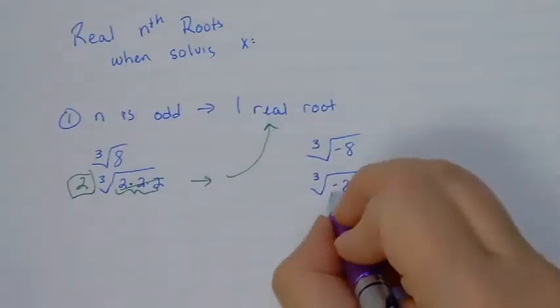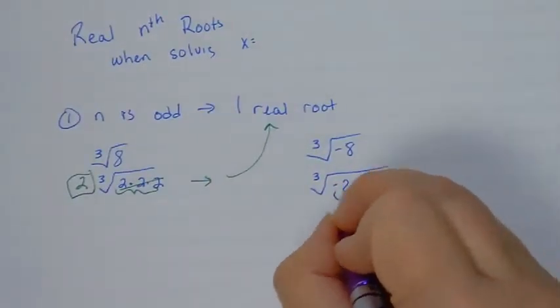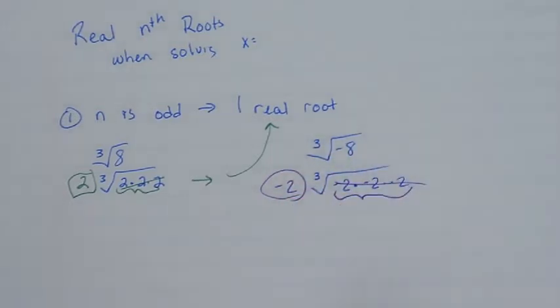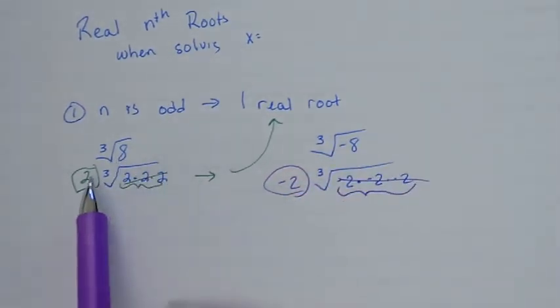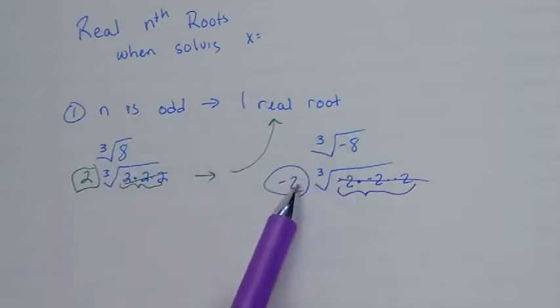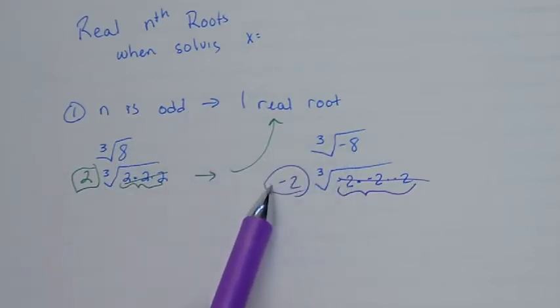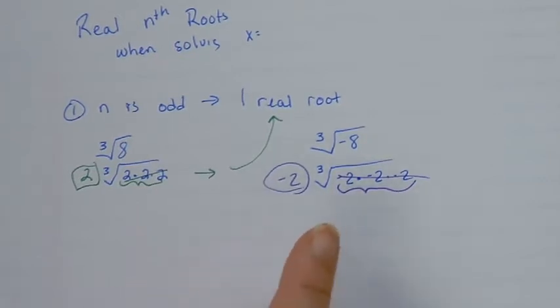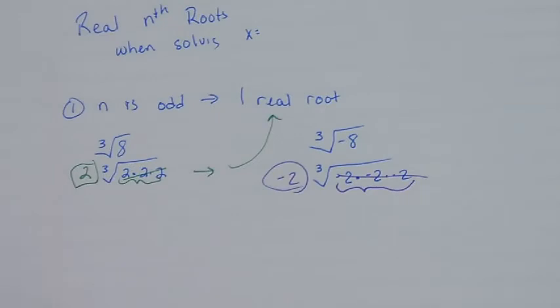So I could have a group of 3 negative 2's, which would put a negative 2 in the front. If there's a positive number under here, the answer is positive, but if it was a negative number under here, my answer is going to be negative. So I only get one real root whenever it's odd.